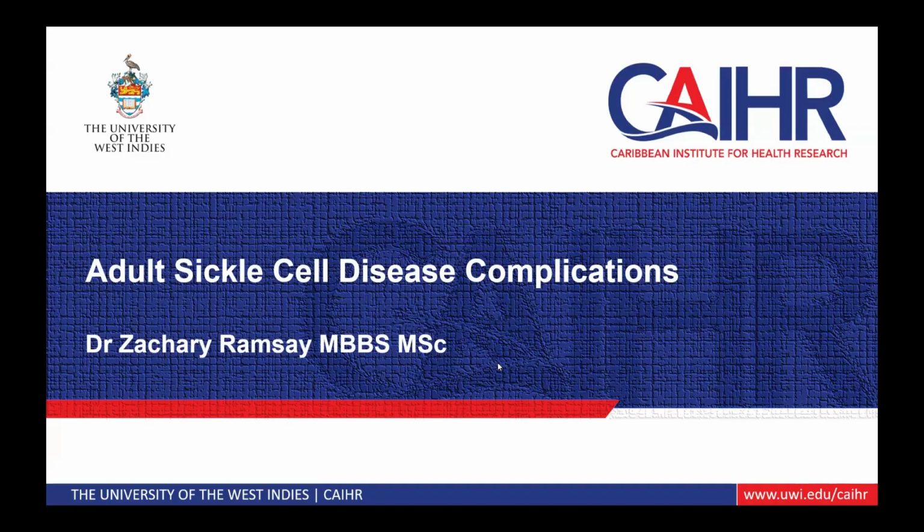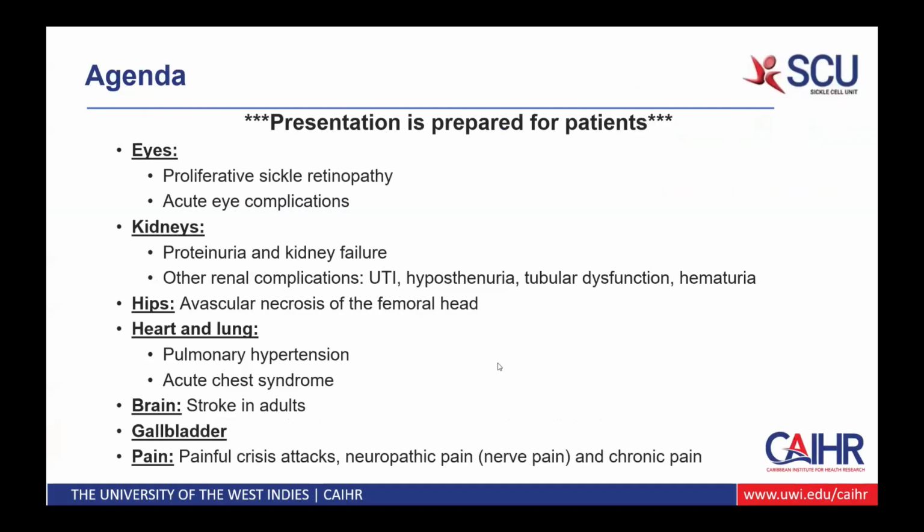I'm going to be talking with you about adult sickle cell disease complications. Firstly, I do want to make it clear that the presentation is really prepared for patients. So the language that I'm going to use is really about the different signs and symptoms that patients can look for with each of these complications, some of the steps they can take, and some of the things they can talk to their doctor about.